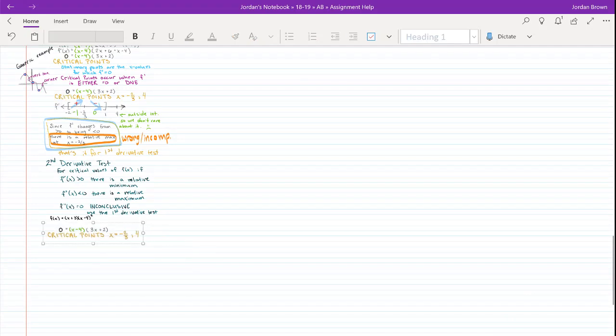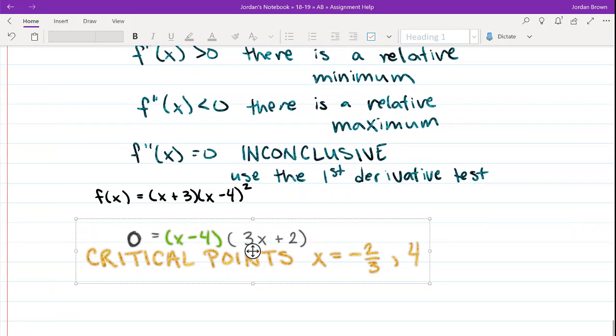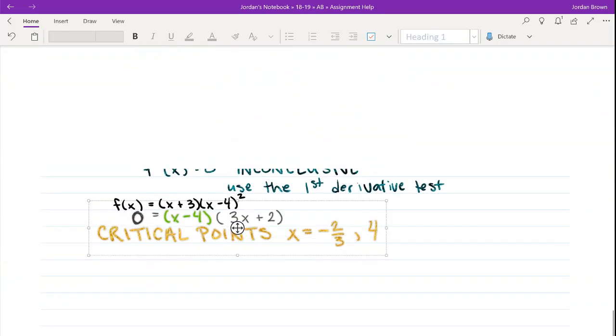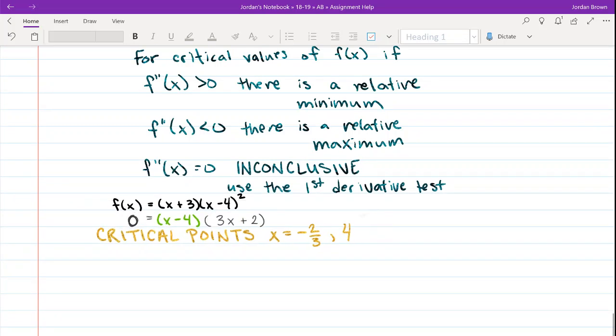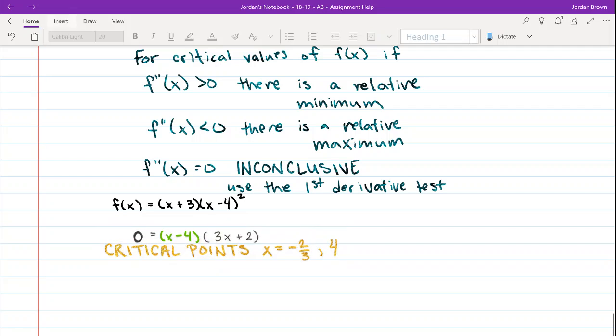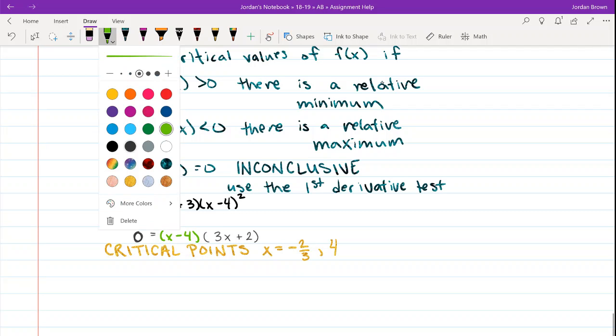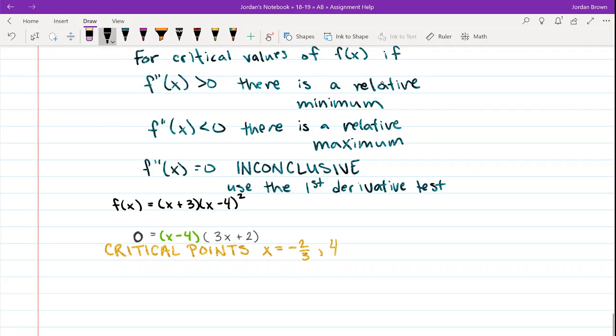There we go. So we had f prime of x equaled the x minus 4 and the 3x plus 2.